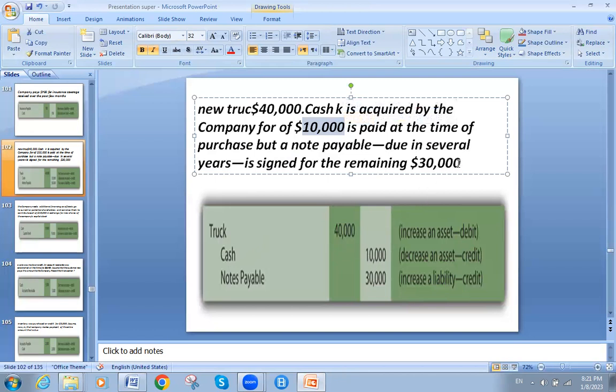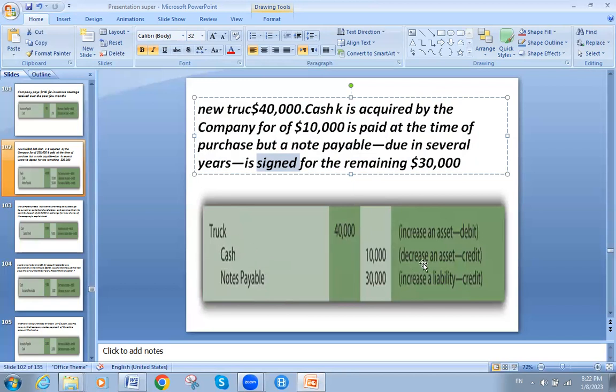What about the 30,000? The 30,000 here, we signed for the remaining. Sign means you wrote a check, you wrote a bill. So I told you once you see the word sign, then you write it notes payable. Here it goes now, the whole transaction, the truck is 40,000.